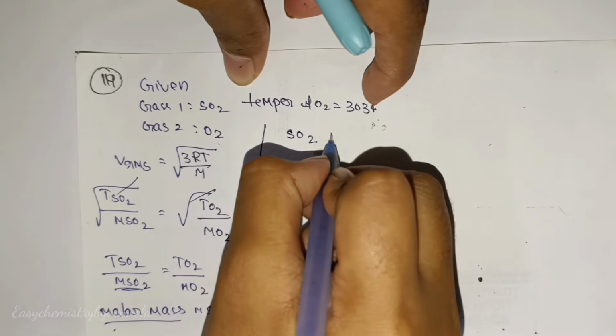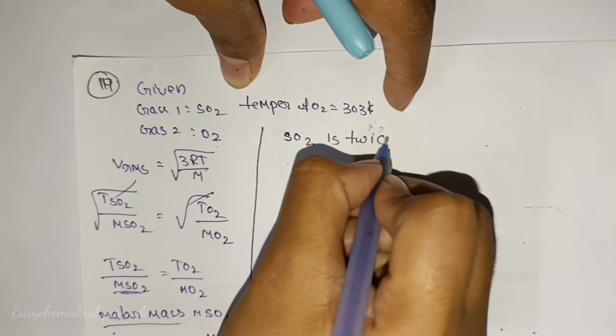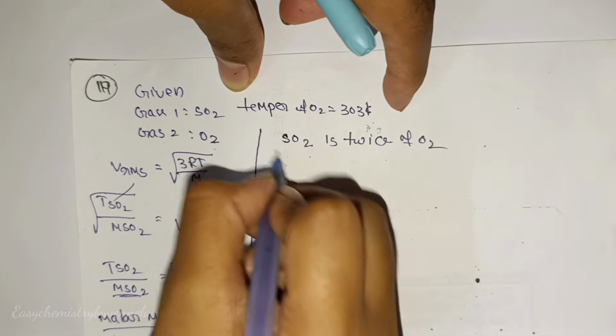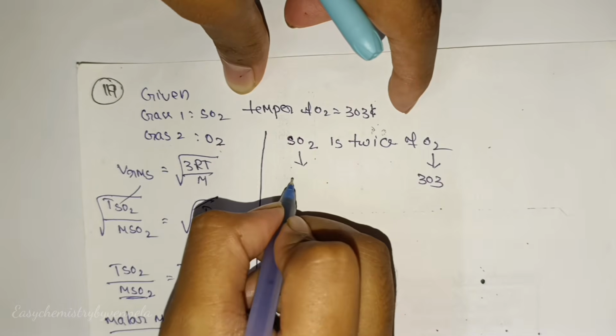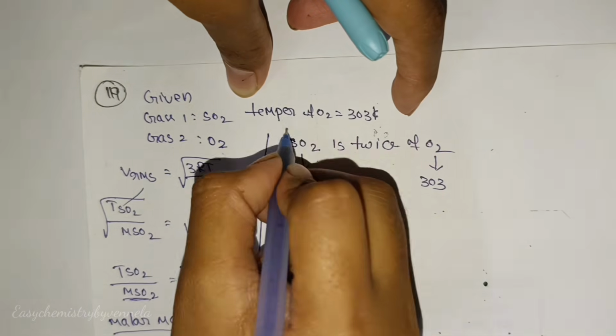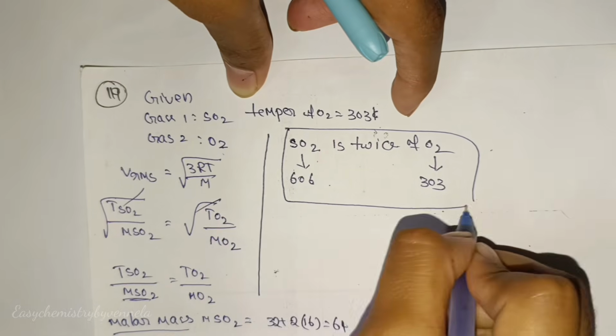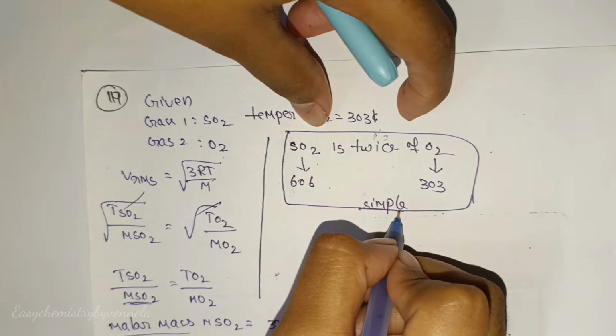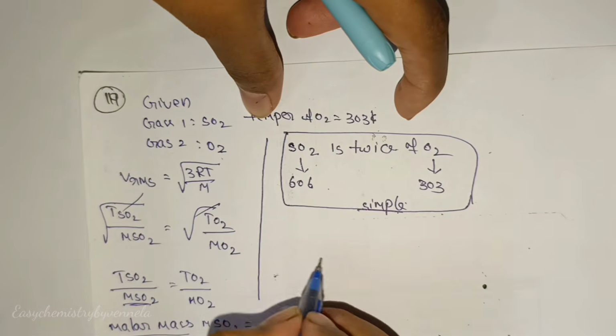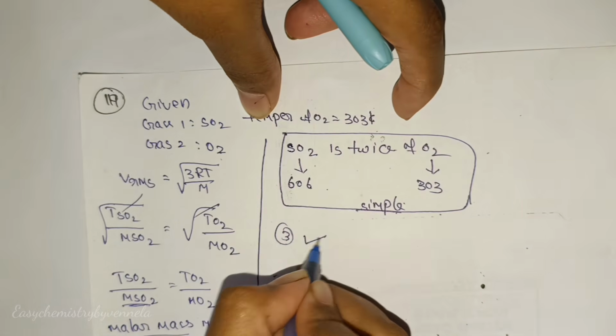So SO2 temperature is twice that of O2. O2 is given 303, so SO2 is double, 606. This is a simple method you have to calculate. So the correct option is the third one.